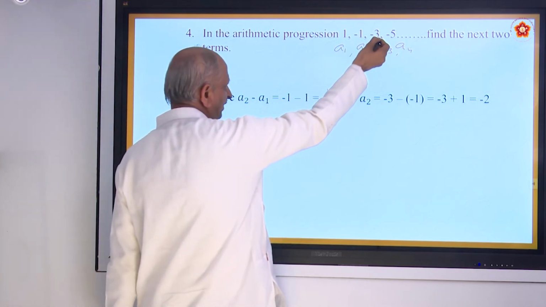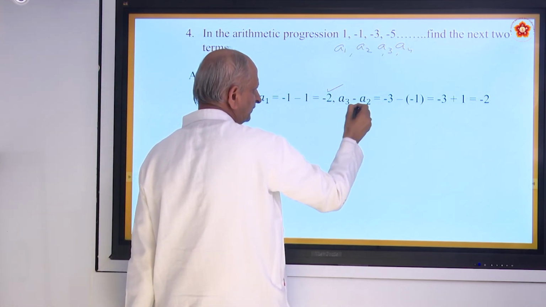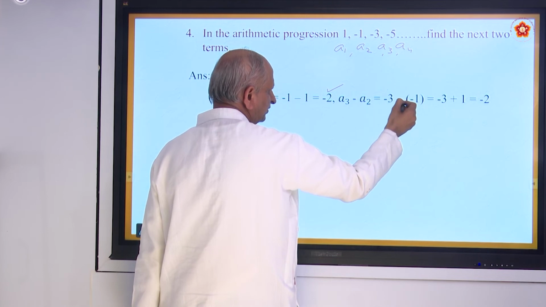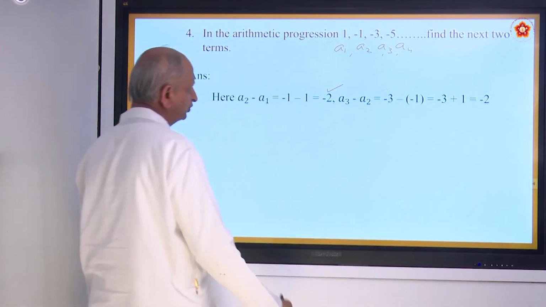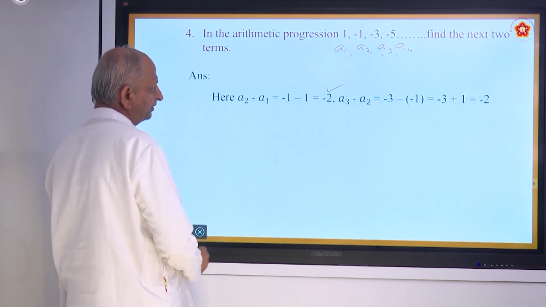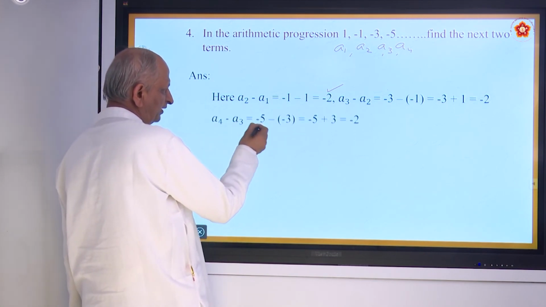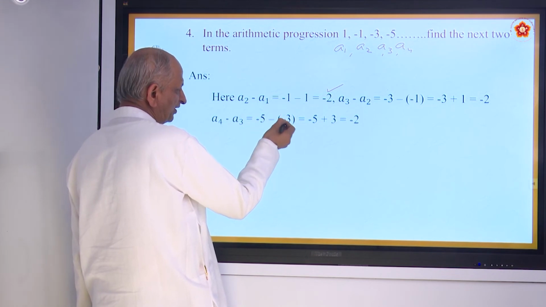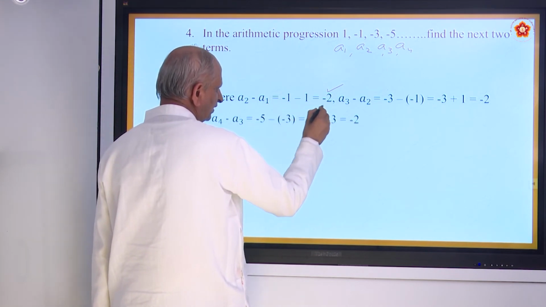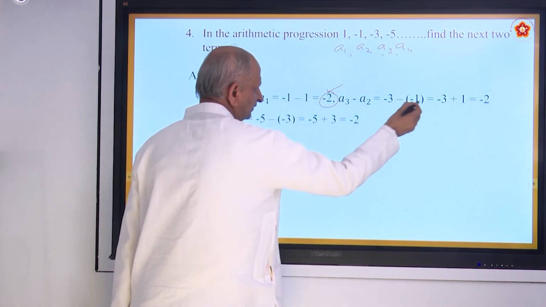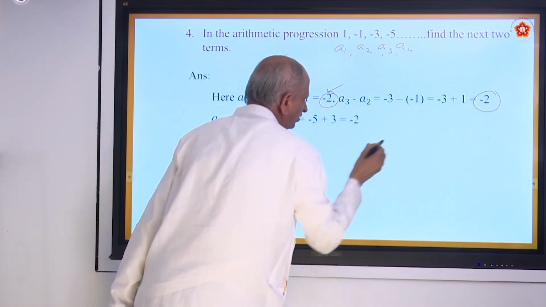If you take the third term minus the second term, it becomes minus 3 minus of minus 1, which becomes plus 1, so minus 2. Similarly, A4 minus A3 is minus 5 minus of minus 3, which becomes plus 3, so minus 2. In all these, that common difference is there. This is called the common difference.